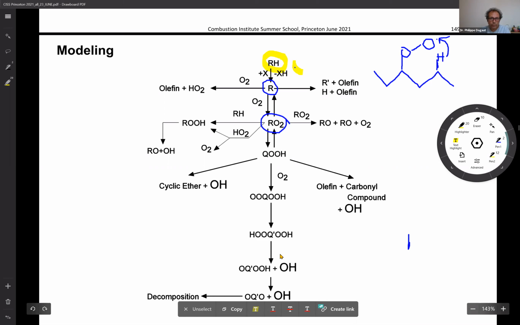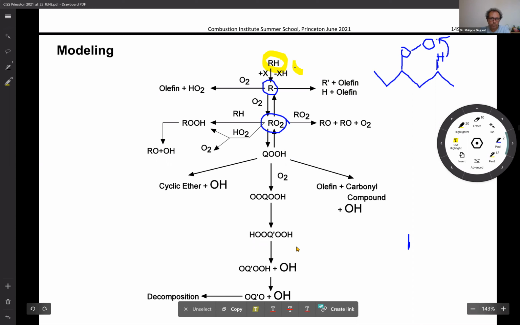So here you form OH again, and this is a ketohydroperoxide. It can decompose and produce another OH.